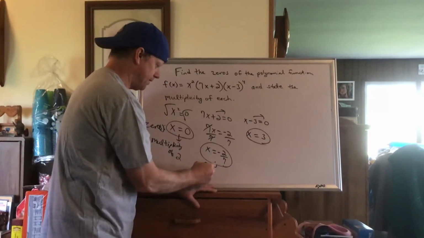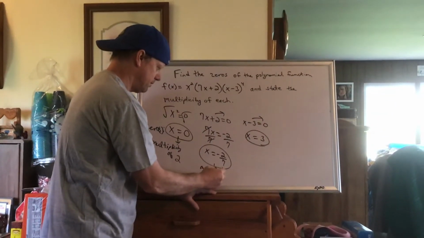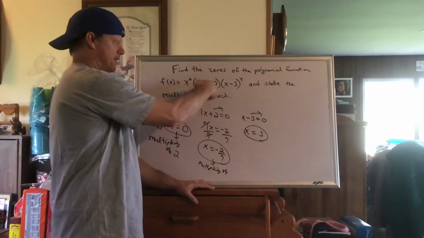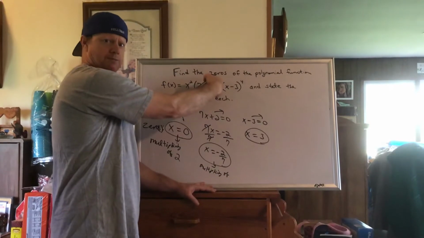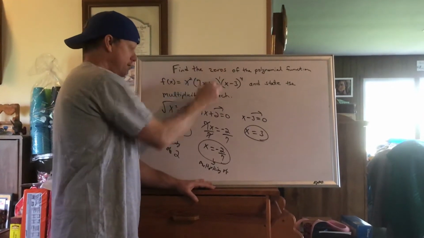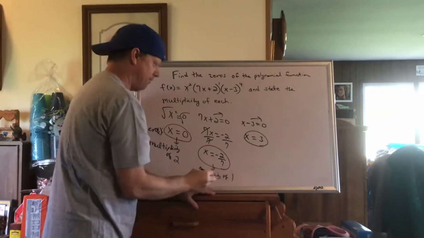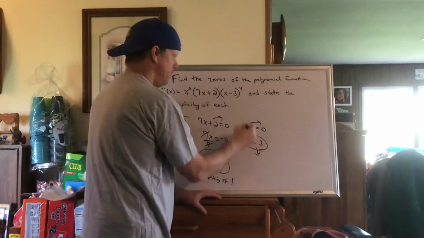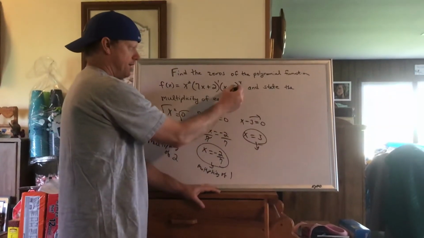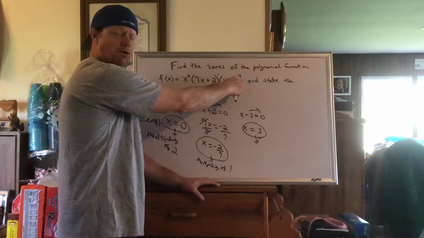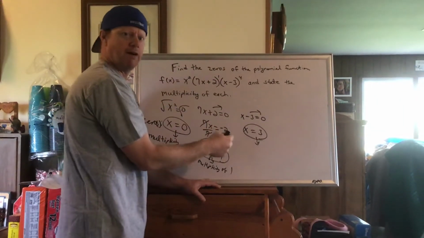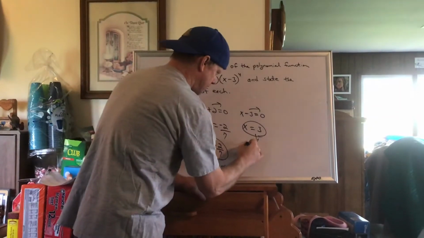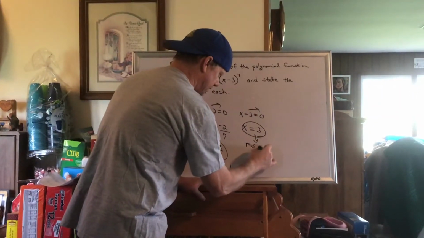Its multiplicity is going to be the exponent on that factor. Well, you don't see an exponent up there, so what exponent is there? It's a 1. So it has a multiplicity of 1. And x equals 3 is going to have a multiplicity of 4. You get your multiplicity by whatever the exponent is on that particular factor.